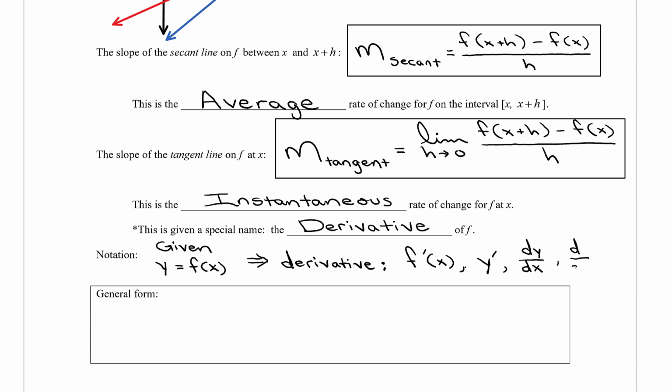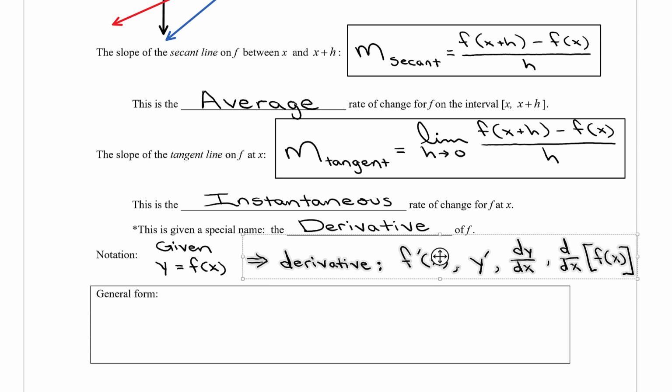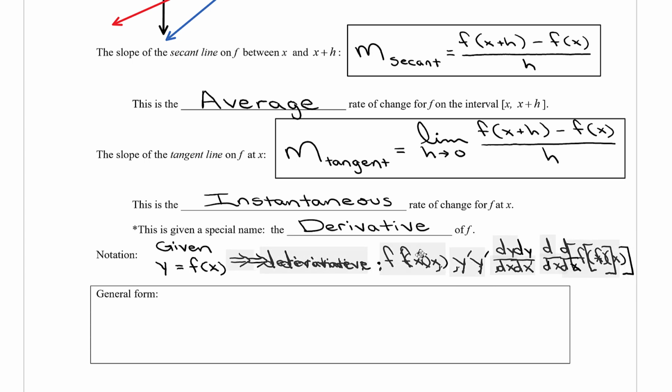We can write this as dy over dx. We can also write it as d/dx of f of x, which basically means the derivative with respect to x of f of x. I'm just going to go ahead and lasso in those different types of notation for the derivative that I wrote, and move it slightly to the left so that it looks a little more centered.